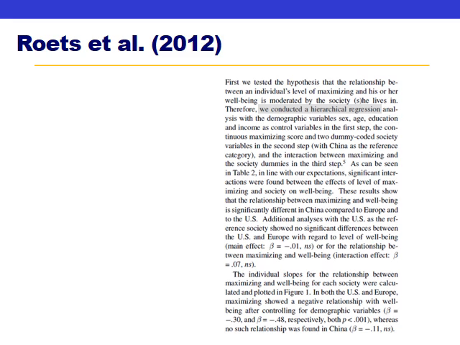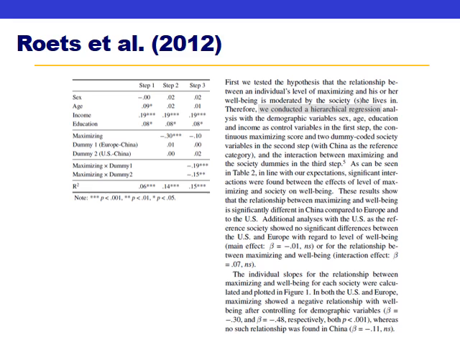They described doing a hierarchical regression. They actually had 3 steps because before they tested the effects of maximizing in society, they controlled for a whole bunch of things. So we talked a few weeks ago about how if you want to control for certain variables, especially variables that have previously been shown to be relevant to whatever hypothesis you're testing, you can put those variables in your first step and then build upon those.